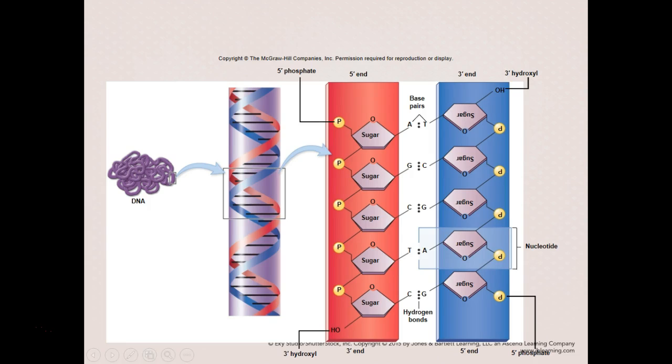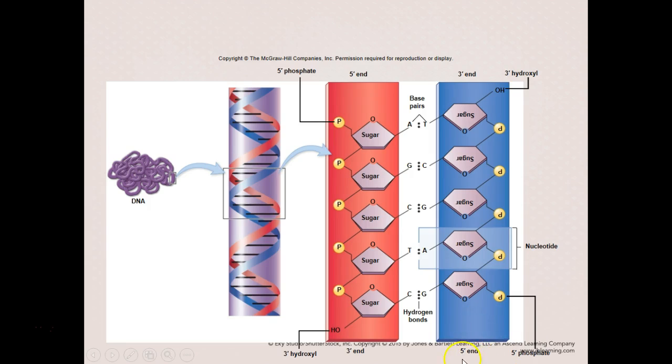And so here's what DNA looks like when it is in the nucleoid region. It is double-stranded, and it is in a helix, forming a helix. So we have to unwind and unzip it, and so this is what we're looking at here. I love this picture because it shows DNA runs anti-parallel.